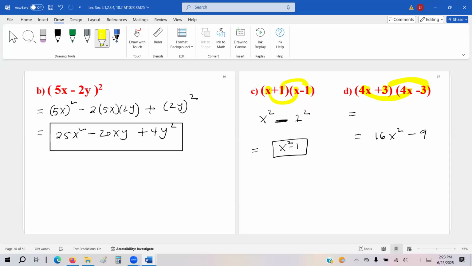So as long as you have two different signs, but the same thing, it's the first term squared minus the second term squared. So you take 4x, square that quantity, minus take 3, square that quantity. So 4 squared x squared becomes 16x squared and 3 squared gives us 9.